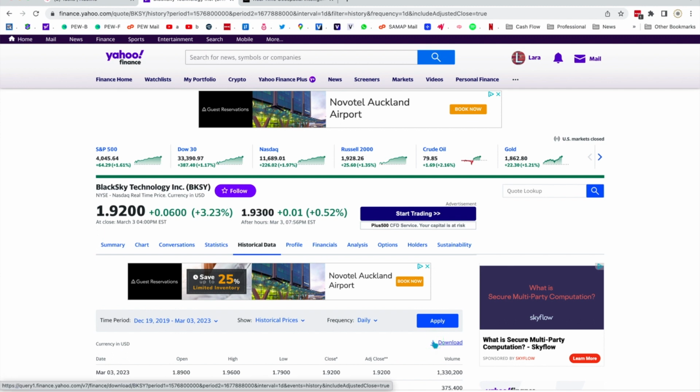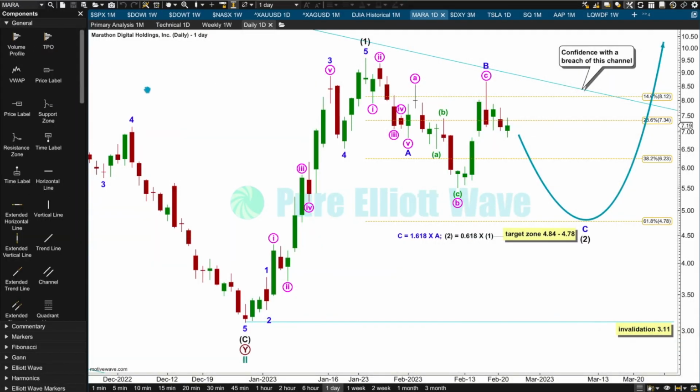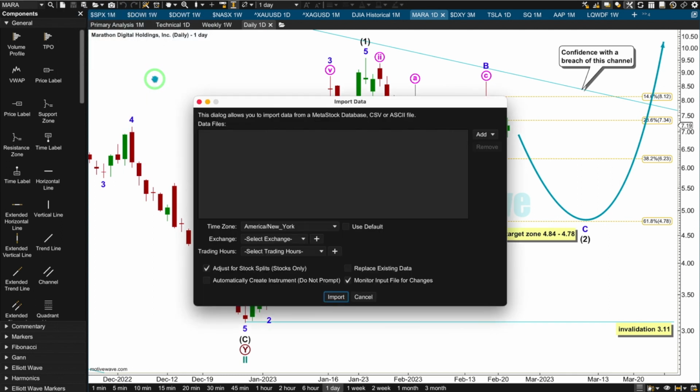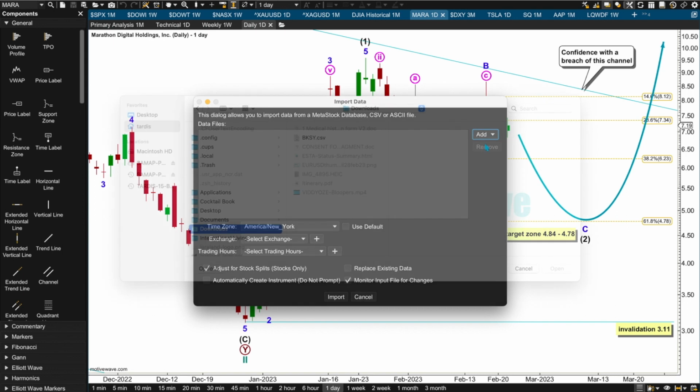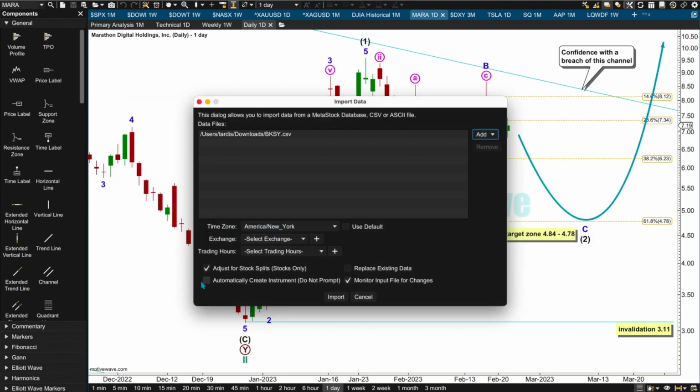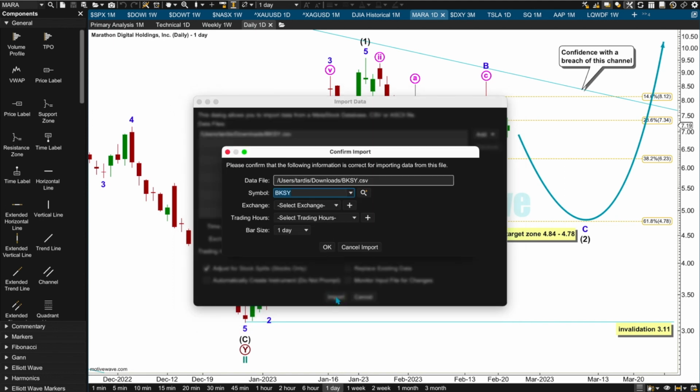Okay, so it's in my downloads folder. Let's go over to Wave. I'm going to import my data: file, chart, import data, add CSV, find it in the downloads folder. There it is. I'll leave this, adjust for stock splits. They probably haven't had one of those yet. No, I don't want to monitor the input file. Import, symbol is correct. The exchange is NASDAQ.